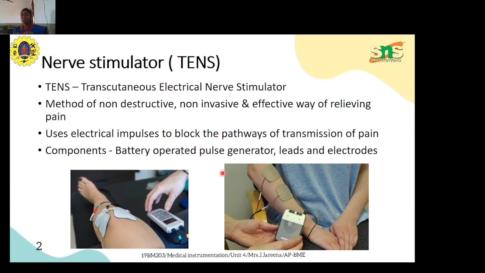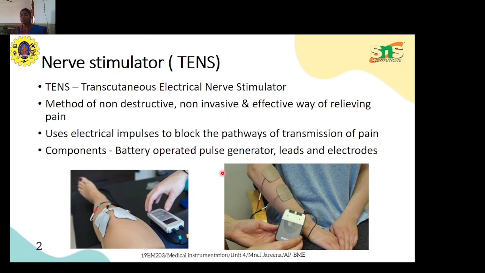The pulse generator generates the electrical pulse as per our need. Once the pulse has been generated, what is needed next is leads, which carry this impulse to the targeted area. The leads are a kind of wire. These wires carry the required electrical impulse from the device to the targeted area.